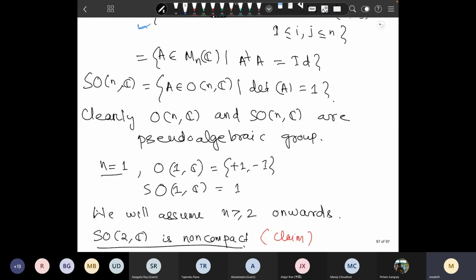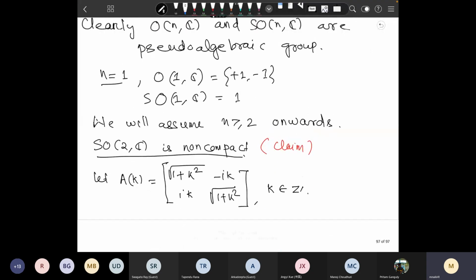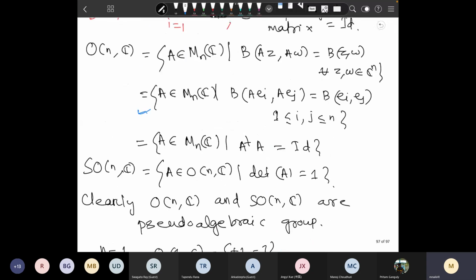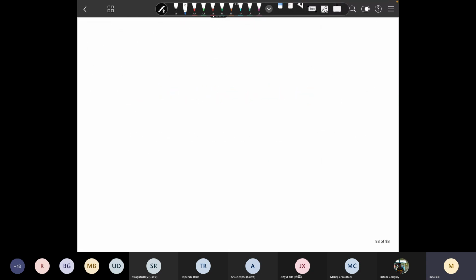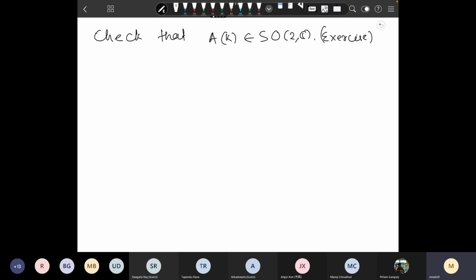It is very convenient to use. If you use that, then you can see that A_k belongs to SO(2, C). Check that A_k belongs to SO(2, C). This is the exercise. You use that second condition.